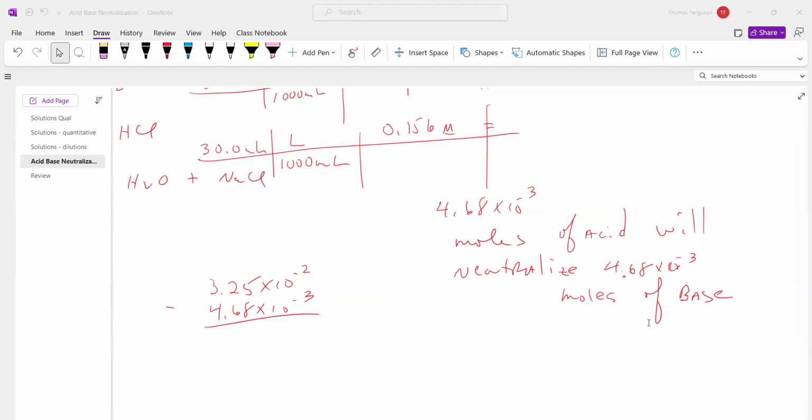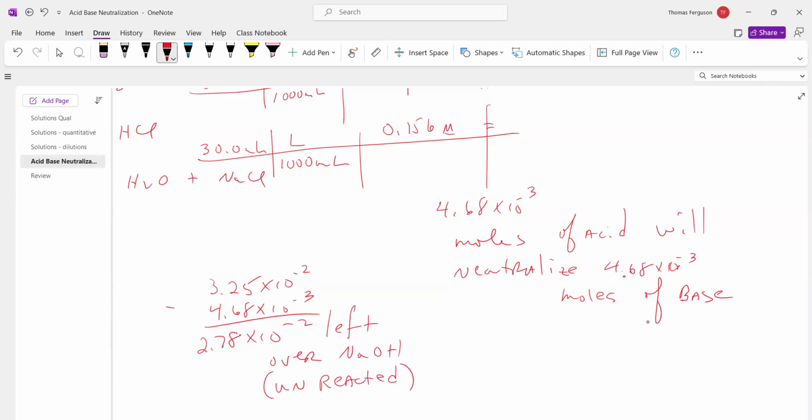You need to see the excess of this. Okay, so we have, and that's the sodium hydroxide.